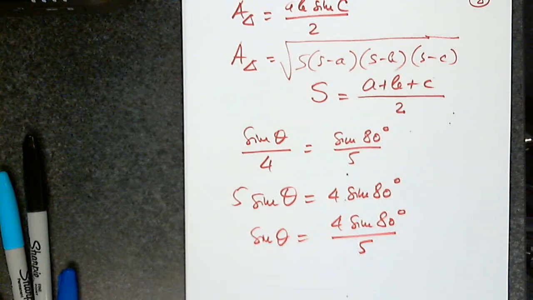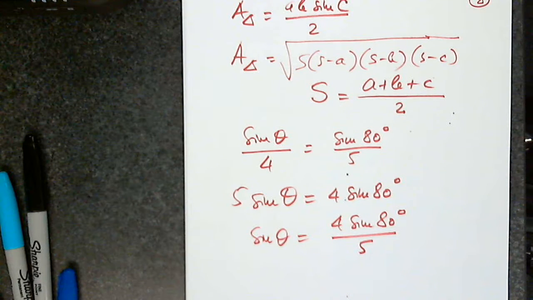So I will put it in the graphing calculator. Is this okay? So 4 sine 80 degrees, close the parenthesis and divide by 5. And I'm checking again. Yes, it was in degrees. Good. Press enter. And I get 0.7878.